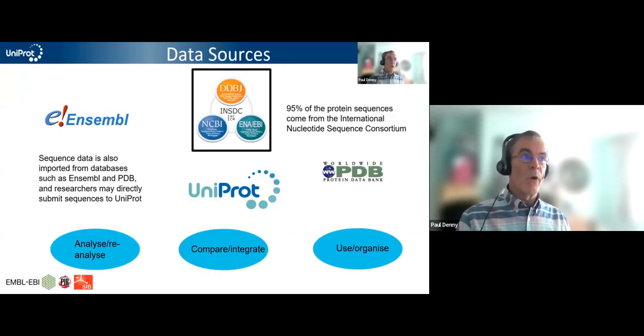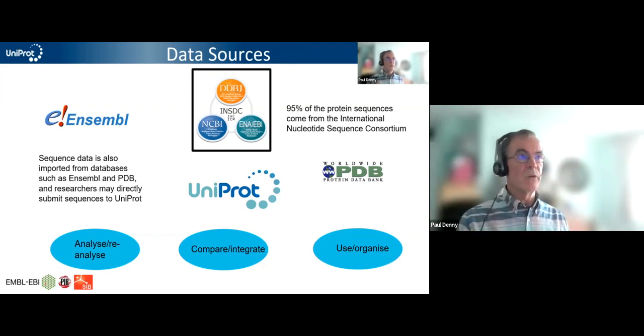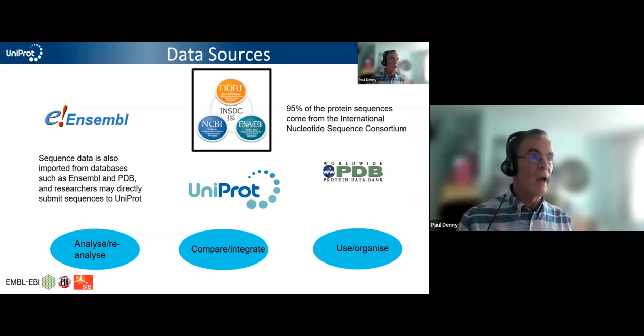Where does all the data come from? It's primarily from the International Nucleotide Sequence Database Collaboration, or the INSDC, which you can see here. It consists of 3 organizations: the database of nucleic acid sequences in Japan, in the US, and in Europe.